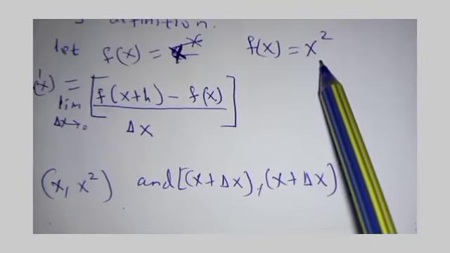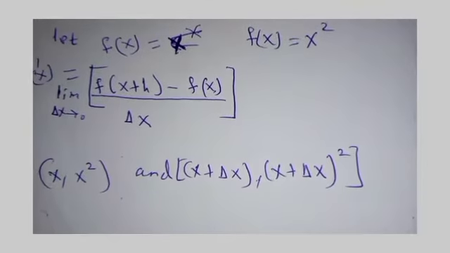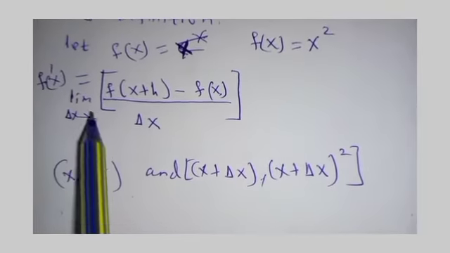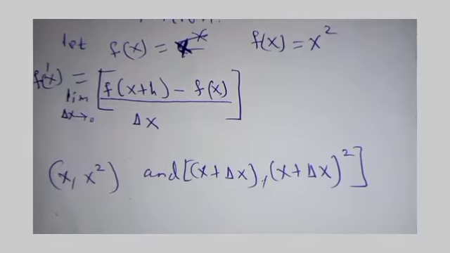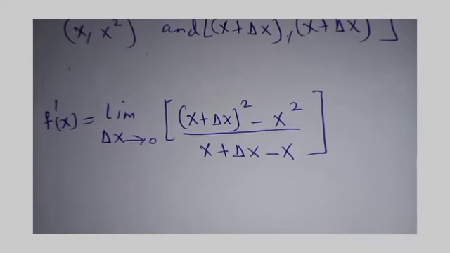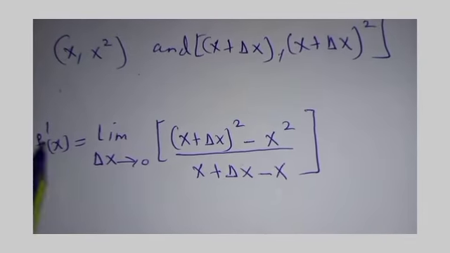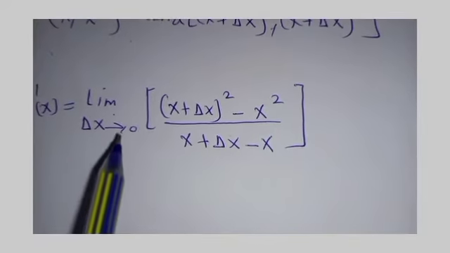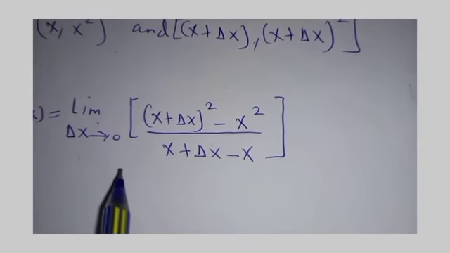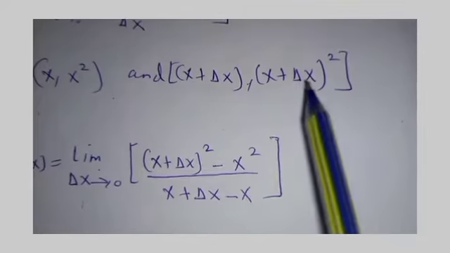The y1 will be x plus change in x. And then we apply the definition there. So we apply the definition of derivative, which is limit as delta x tends to 0, and we substitute this.